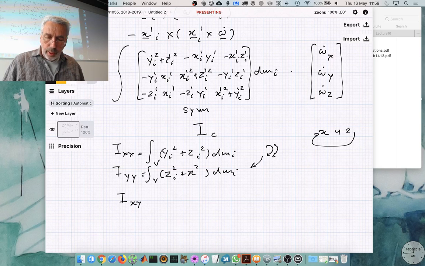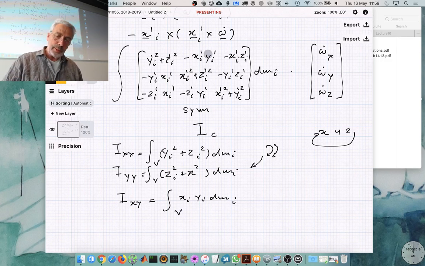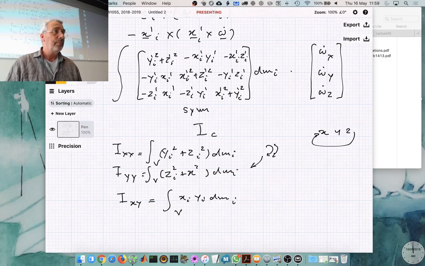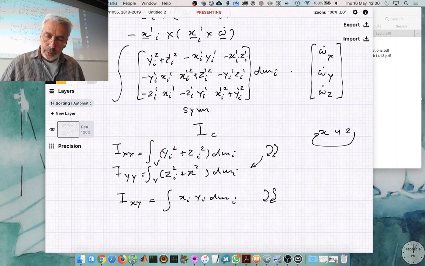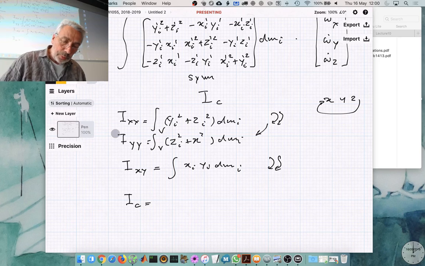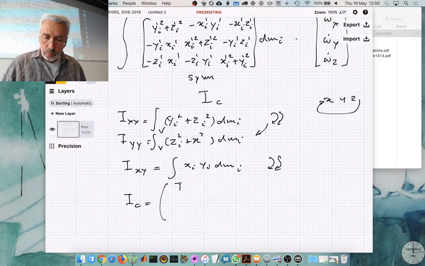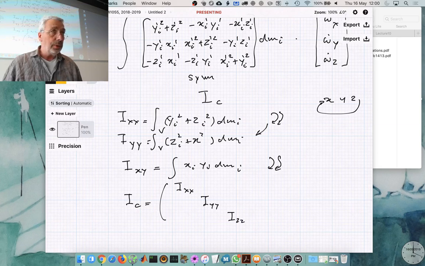Historically, we say the inertia Ixy is defined as the integral of xi yi dmi over the volume. But see that there's a minus sign here in the matrix. That means if we define, and of course again with cyclic permutation, if we define the mass moment of inertia matrix in terms of these defined quantities, then we have to write Ixx, Iyy, Izz, so there's no discussion about that.